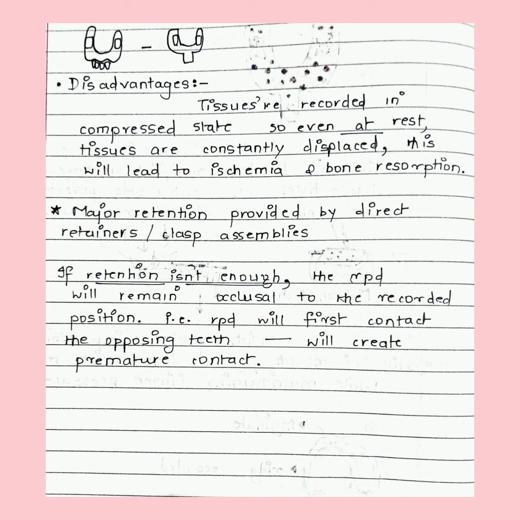If the retention is good and tissues are recorded in a compressed state, we know that tissues are recorded by applying pressure. So even at rest, tissues are constantly displaced. This will lead to ischemia and bone resorption. If retention isn't enough, the RPD will remain lifted up to the recorded position. That is, the RPD will first contact opposite teeth even at rest and will create premature contact.